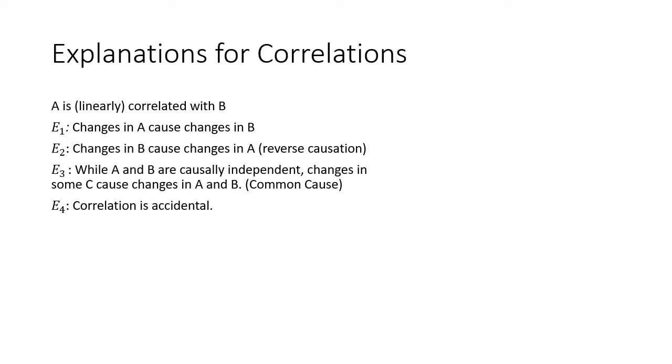With any correlation, it's entirely possible that it's just a fluke, that numbers sometimes line up in a way that statistically there is a correlation, but there's actually no causal relationship between the two things. That's always something we have to keep in mind as a possibility.